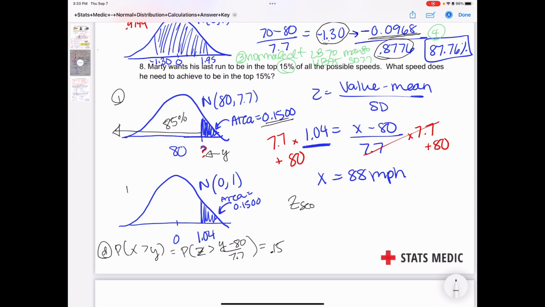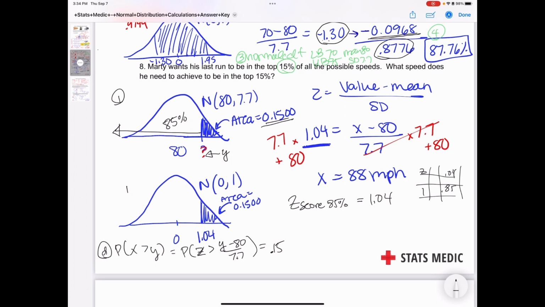If you look it up, it's going to be 1.04, because if you look up about 85%, you'll find 1.04, and you'll see on your z-score chart that's what indeed I have. And it's something close to 85%. You're not going to get it exact, because the z-score chart doesn't have 0.85, and that's it.